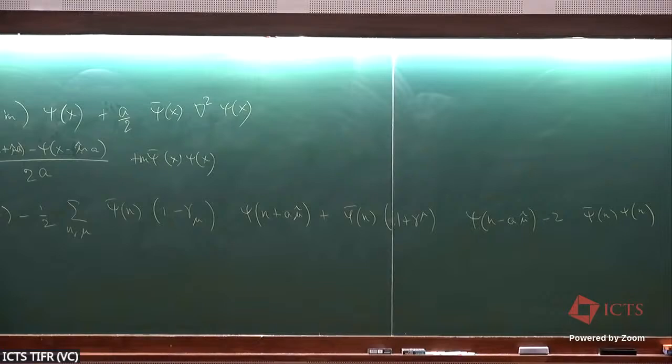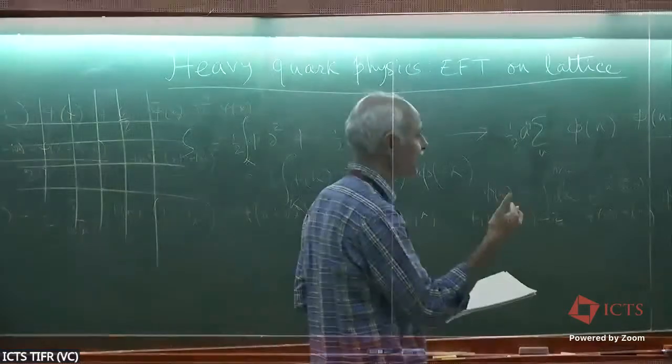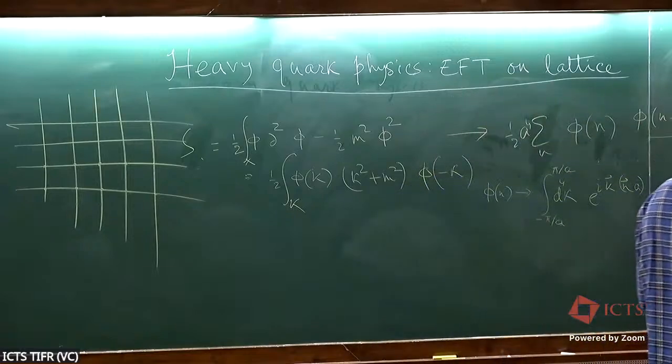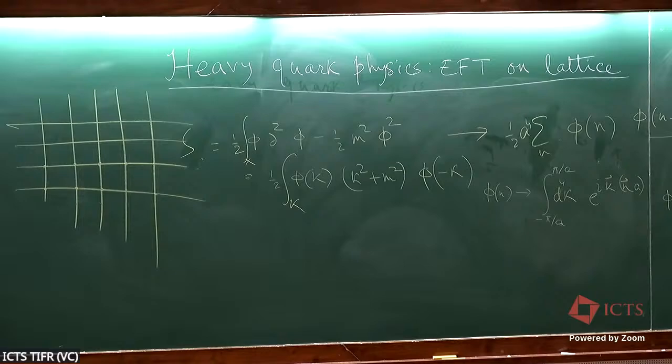The spatial momenta are much smaller, and the mass is much larger than the typical spatial momentum. And so my leading order Lagrangian will only be the spatial derivative term.